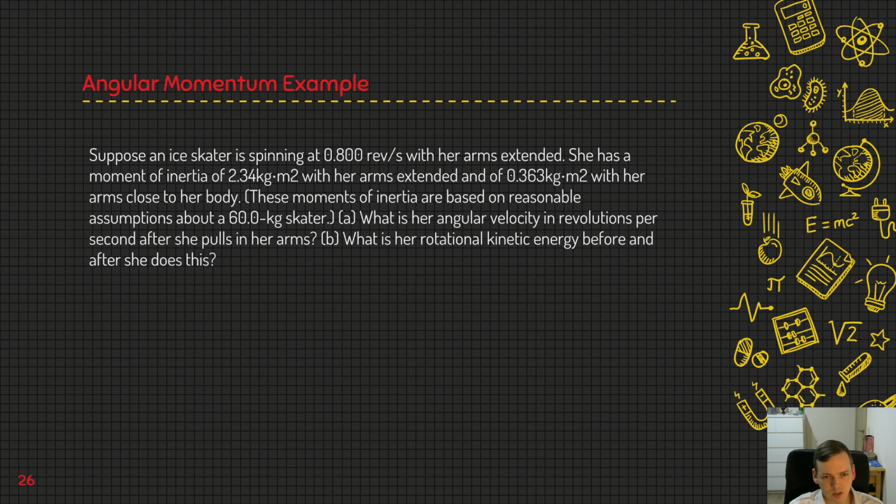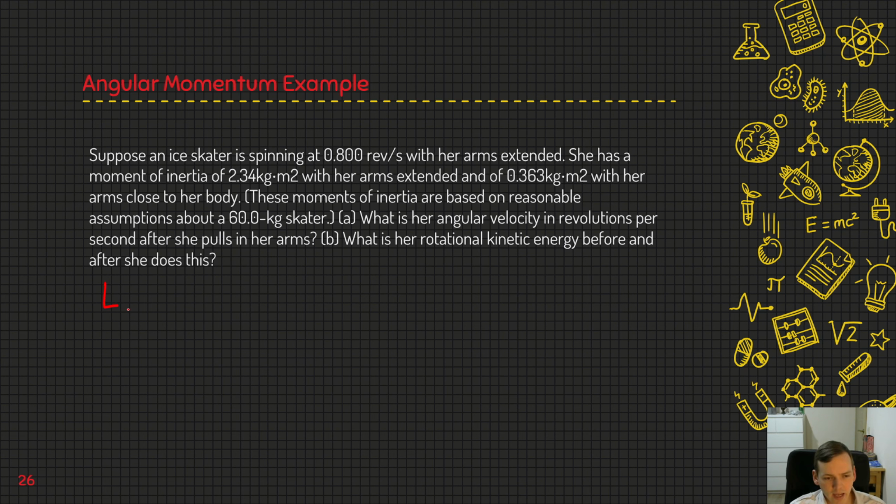She has a moment of inertia of 2.34 kilogram meters squared with her arms extended, and if she brings them in, it goes down to 0.363 kilogram meters squared. These are assuming that she's about 60 kilograms. What is the angular velocity in revolutions per second after she pulls in her arms?